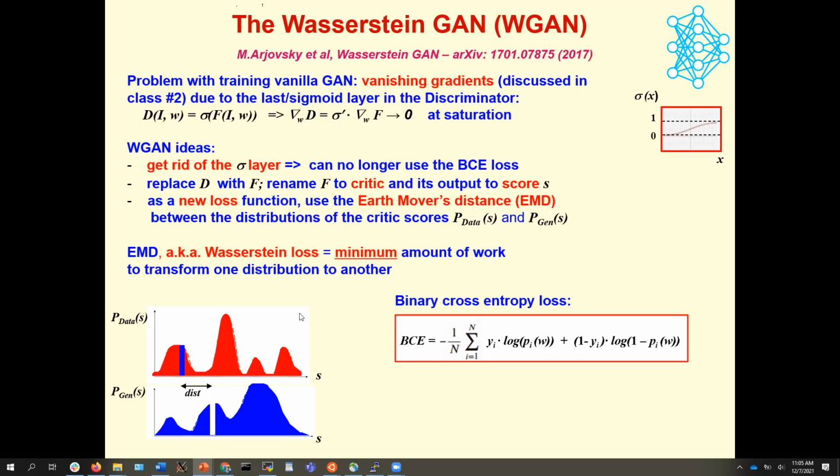And the work to move this pile of earth would be equal to the distance we moved it times the mass, which is the area of this small pile. This way we can move the entire distribution to the red one and compute the total minimum amount of work to transform one distribution to another.